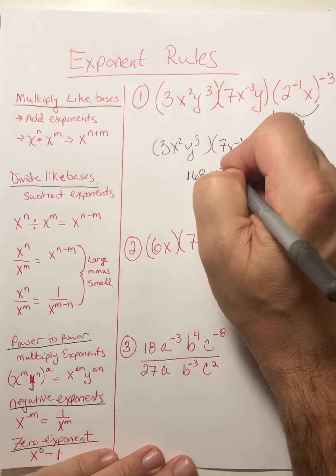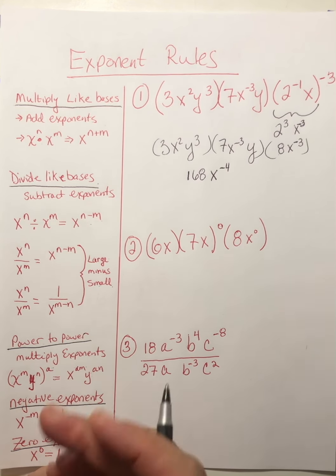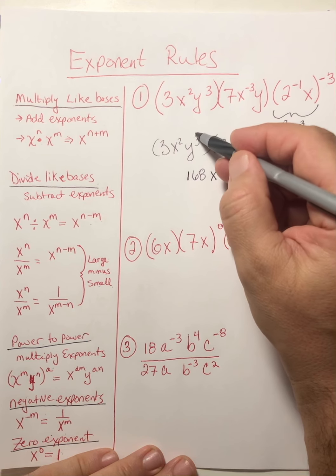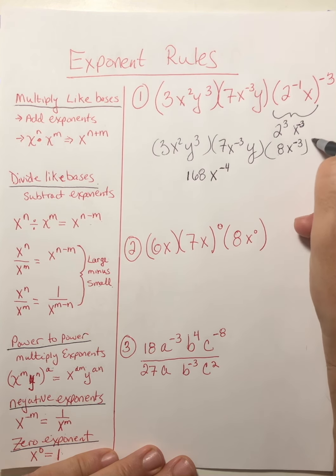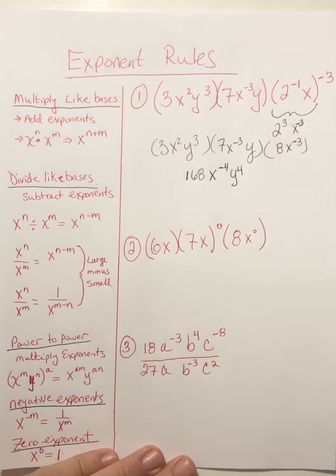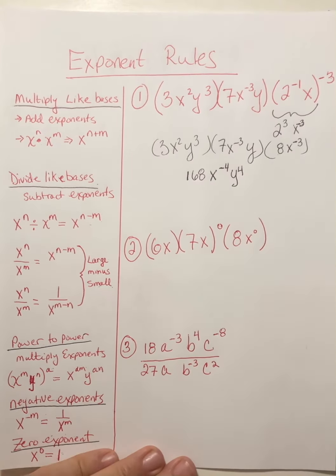That's right, that gives us negative 4. If you're not sure, type it into the calculator. 2 plus negative 3 plus negative 3. All right, now y's. Y to the third times y to the first, and there's no y over here to worry about. So we have y to the fourth.